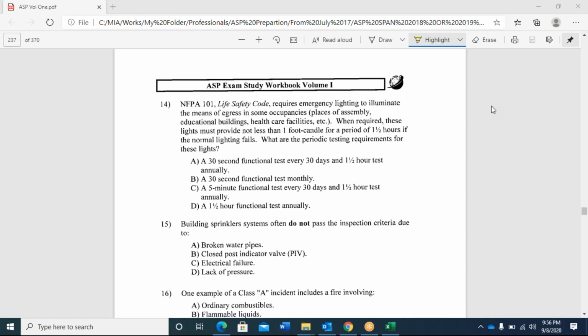It will take time to test all of the lighting. So we also have to remove C, and the remaining answer will be A. That's what I think.